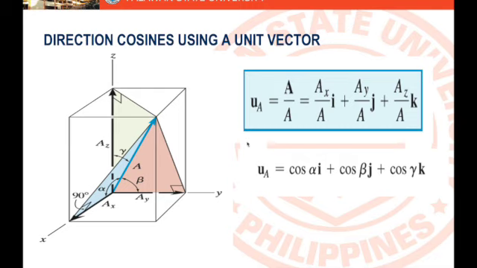So for our unit vector a, in order for our vector to be a vector, you need the direction and you need the magnitude.